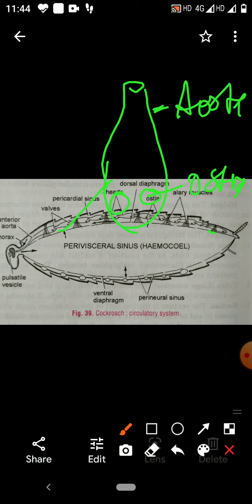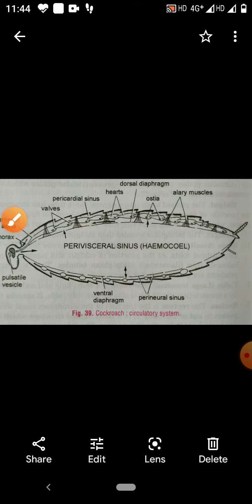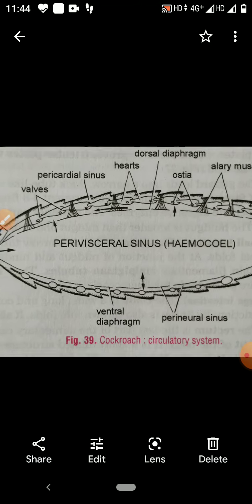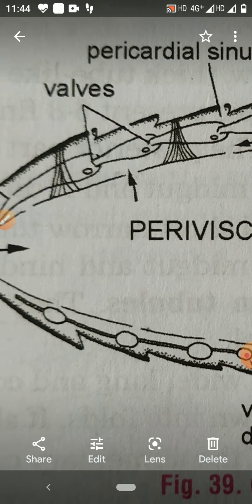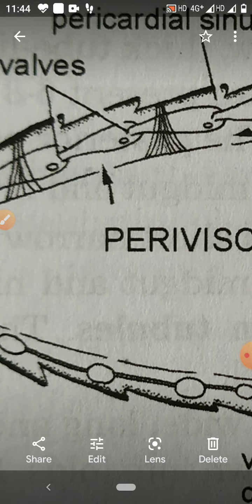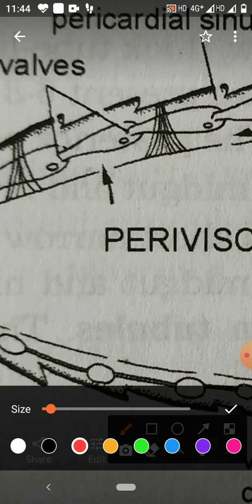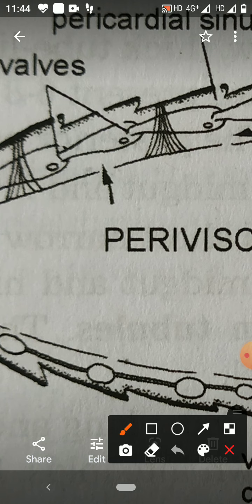This region is called pulsating heart. Like this, in the pericardial sinus, 13 hearts are present. So this is the structure of the heart.